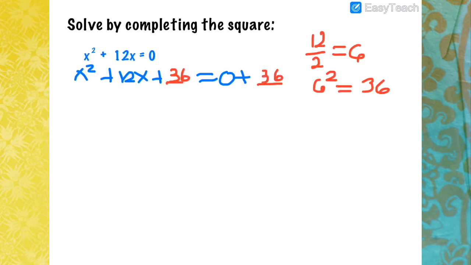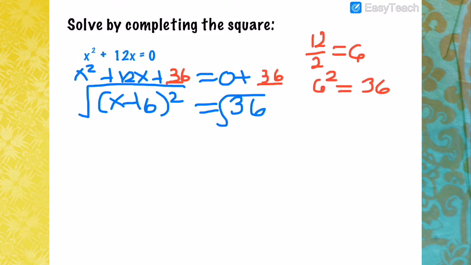So we add it on both sides, 36 and 36. Then we factor the left side of our equation. So the factor would be (x + 6)² = 36. The next step is to square root both sides. So take the square root. This will be x + 6 = ±6. Then we transfer the plus 6 to the other side to find the value of x.